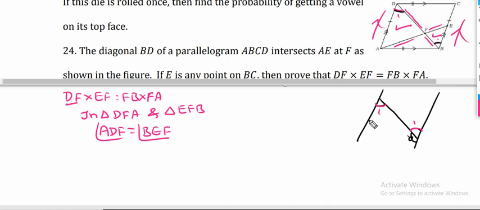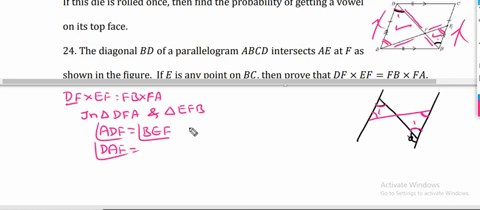If you draw a line like this, the two angles inside are both equal. So here also angle A is equal to angle E. Therefore angle DAF is equal to angle BEF.